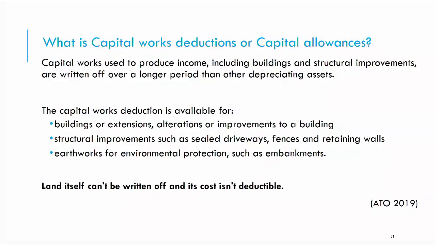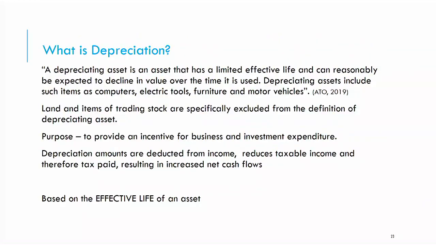What is capital works deduction or capital allowances? We talked about depreciation. Depreciation is only for assets, but not for buildings. Why not buildings? A building is a fixed asset and it has a limited lifetime, probably 50, 60, 70, 80, or 150 years.